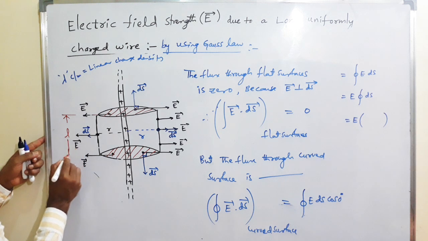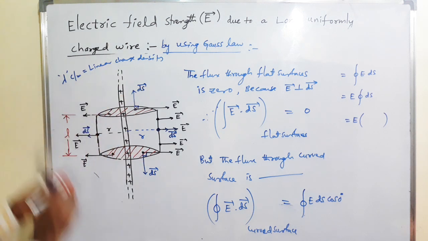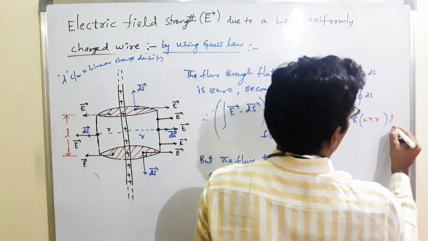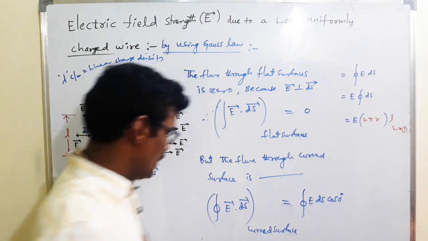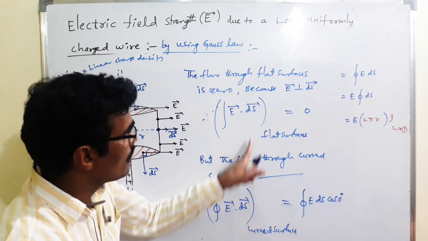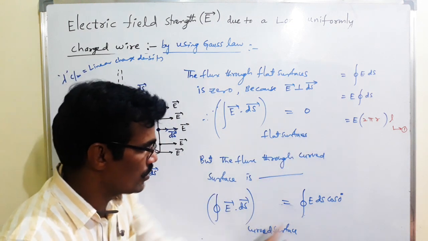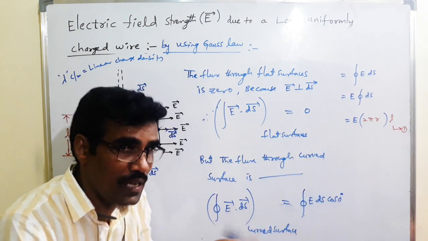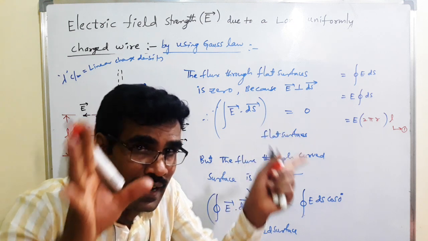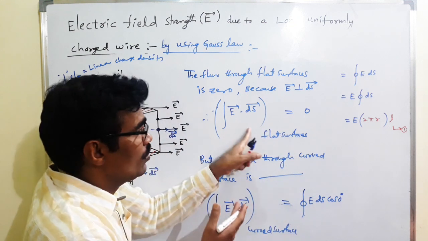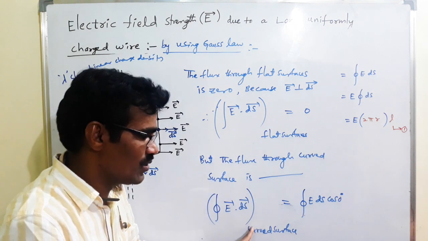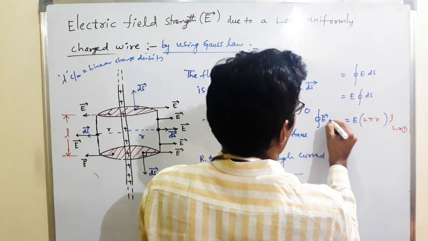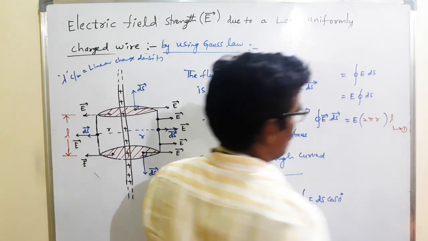The length of this Gaussian surface is L, so the area is 2 pi r L. This is equation 1. The flux through the flat surface is 0, so the flux through the entire Gaussian surface is E into 2 pi r L.